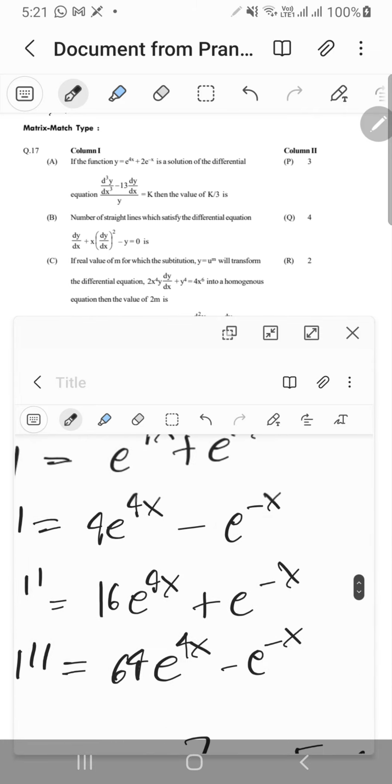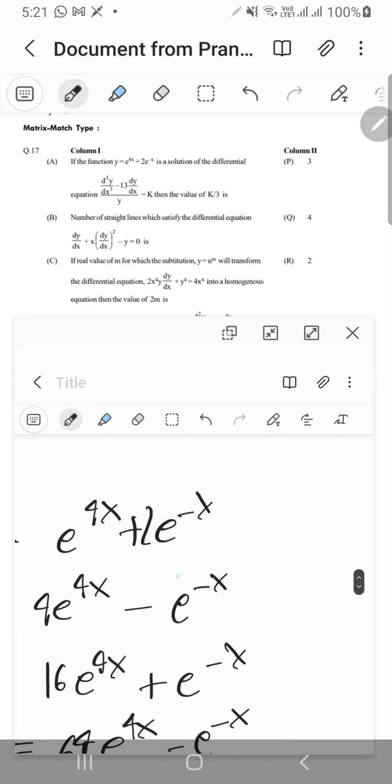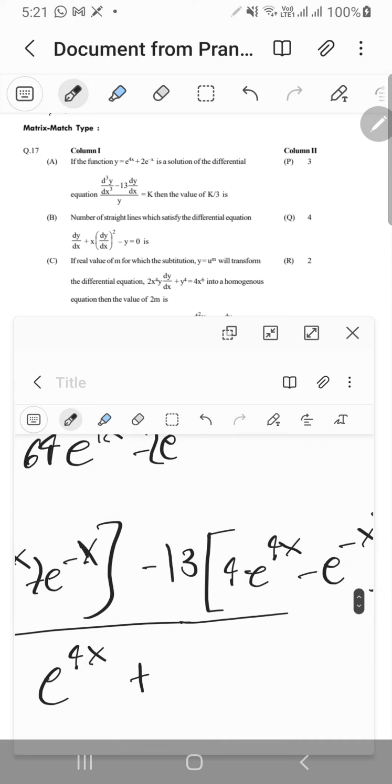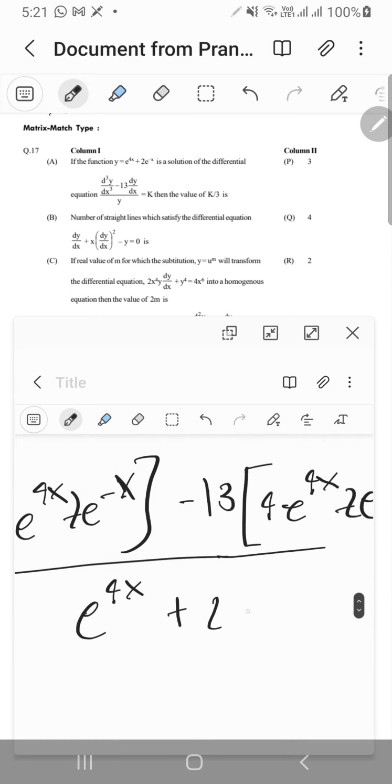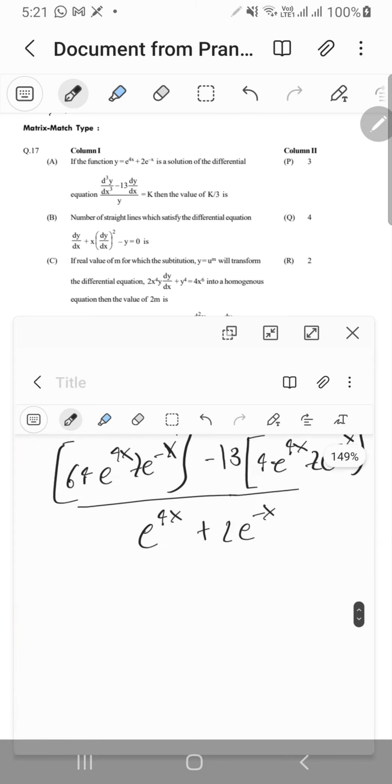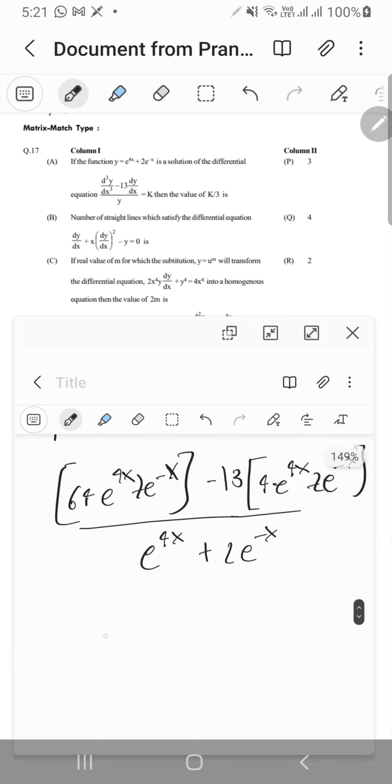Oh, it's 2 over there. Okay, so 2, 2, 2, and 2. Here 2, 2, 2. And let's solve. So 64 minus 13 times 4, which would be 4 and 12, 52, I guess.